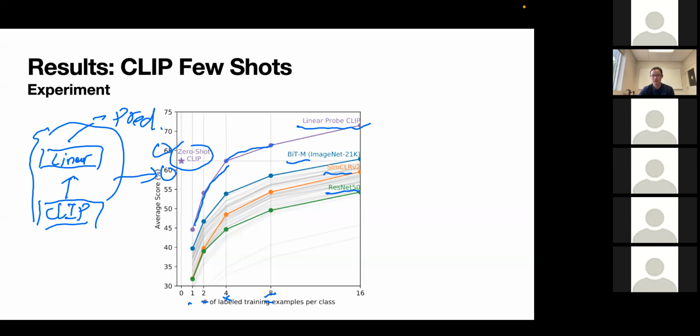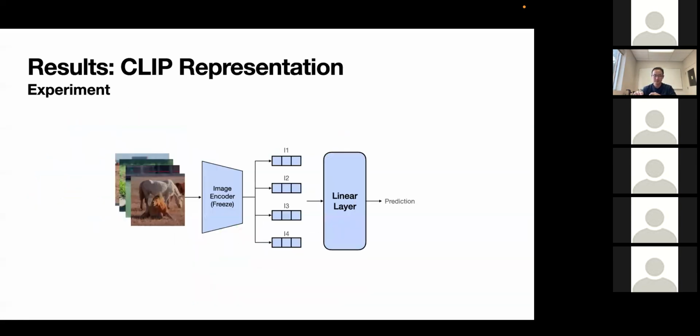And the other models just cannot learn that well on those few data. So this can show that this CLIP model has really good adaptability to the very limited resource domains. And this is why the author made this experiment.